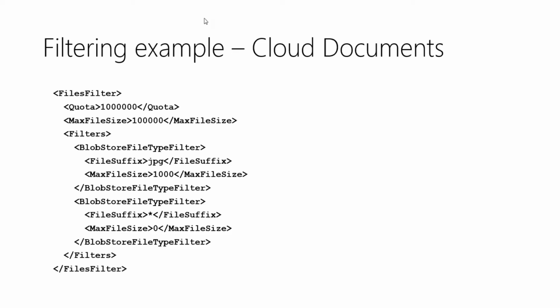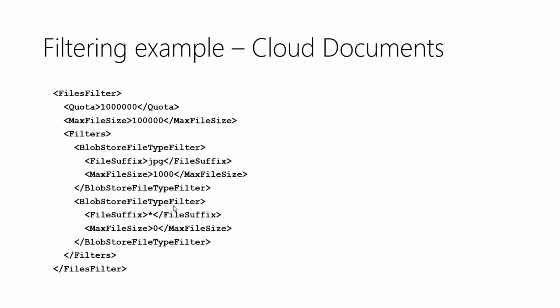So this is how it looks for the cloud documents. There is a specific section, files filter, and you can define the disk size overall that the cloud documents can occupy. So they cannot occupy more than 1 megabyte in my case. Maximum file size which will be downloaded during synchronization is 100 kilobytes approximately, and then I can specify for each file suffix, so file type, a maximum file size.